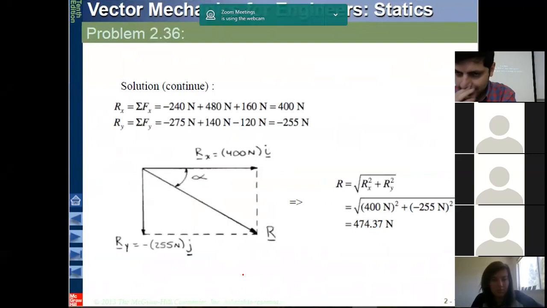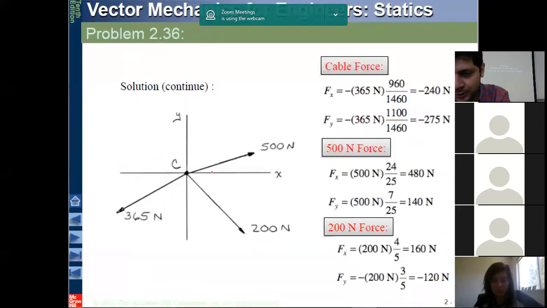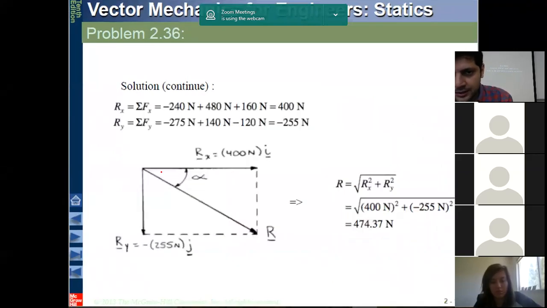Oh, okay. The last part, the most important part. We have to calculate the resultant of the forces. Now that we know the components, we can easily sum all the components in the x direction to get the resultant force in the x direction, and you can do it for the y. For the x, we get the three components in the x direction.